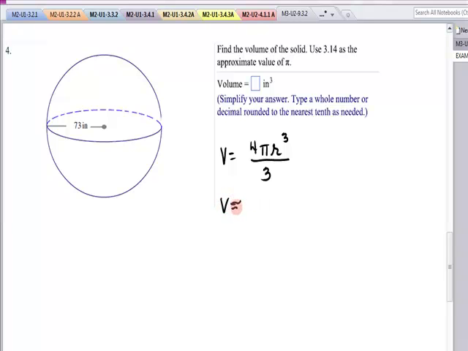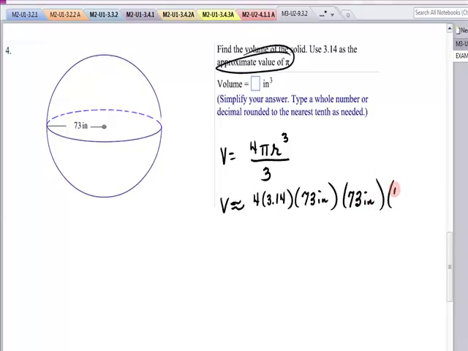This is approximately, it says to do the approximate one, 4 times 3.14 times 73 inches, 73 inches, 73 inches, divided by 3. So if you have a very small little simple calculator, this number may get too big for it to handle.